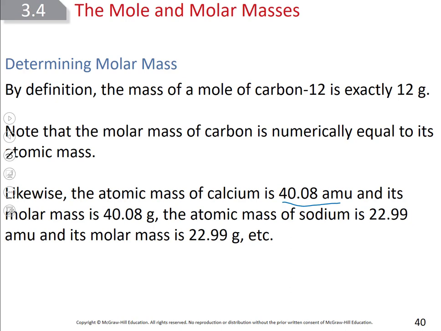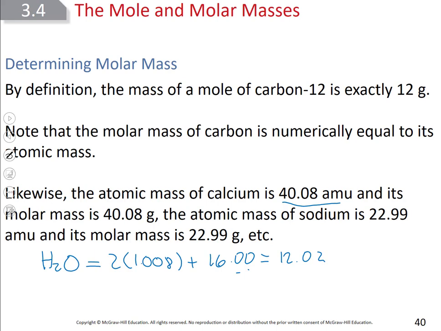If I had water, H2O, and I wanted to know its mass, 2 hydrogens at 1.008 apiece, plus 1 oxygen at 16, rounded to 2 decimal places, gives me what number? We've only got 2 decimals, so 18.02.